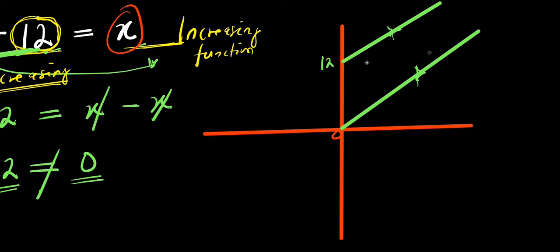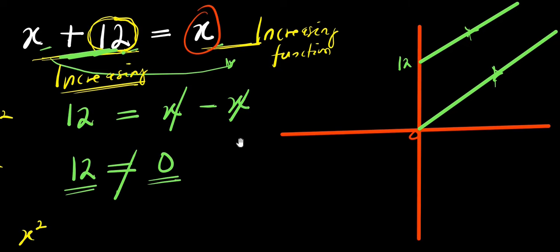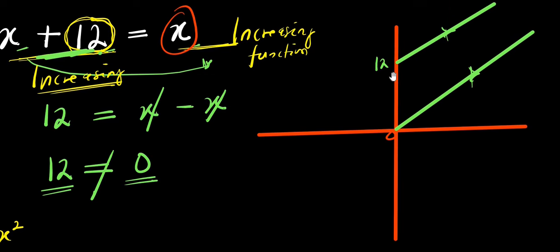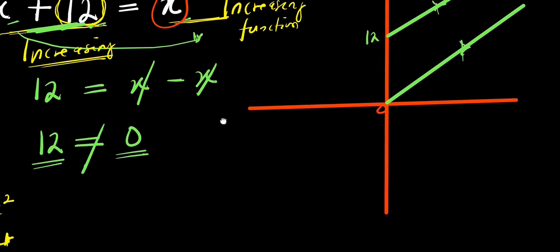So when you have two increasing functions equating each other, there won't be any solution at all. So this is the major reason that we are not having any solution in this particular equation, because the two functions are increasing functions.